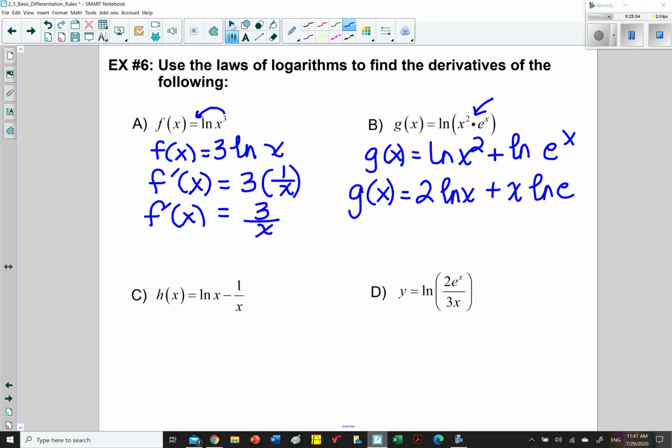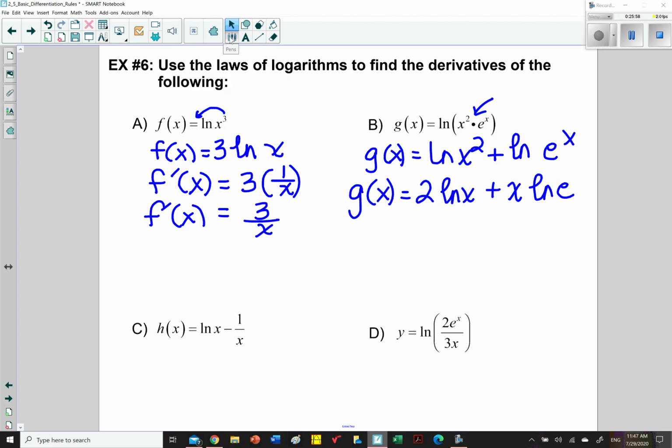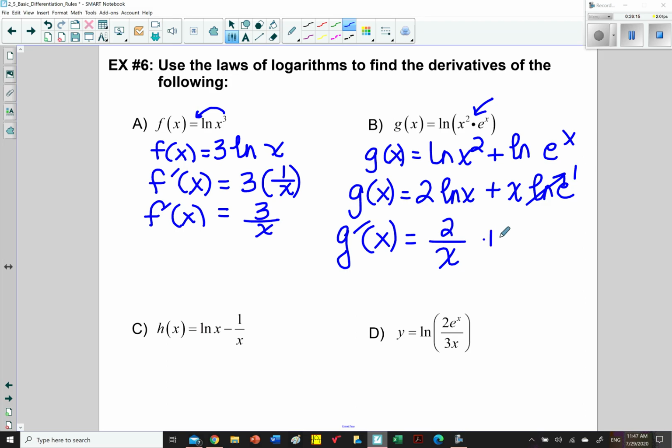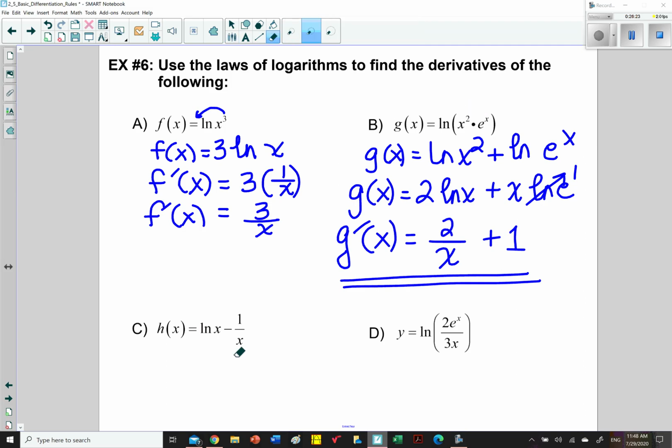Now, what do we know about natural log of e? So g prime of x is 2 times 1 over x, but natural log of e is 1, so the derivative of 1x is just 1. You noticed I did all of the rewriting I could and then took the derivative.